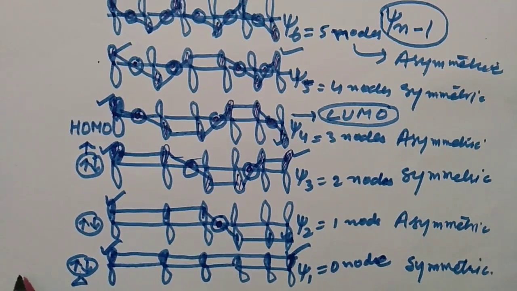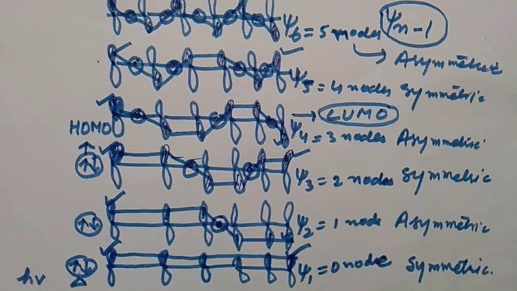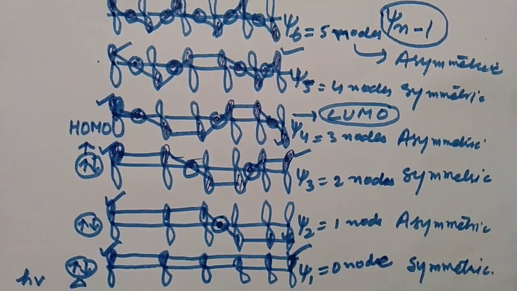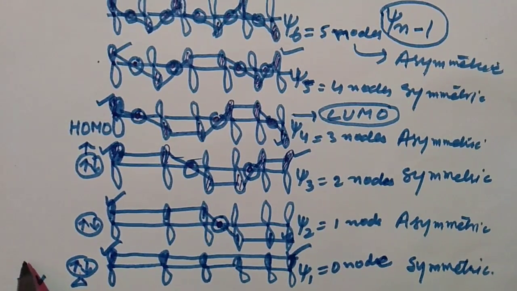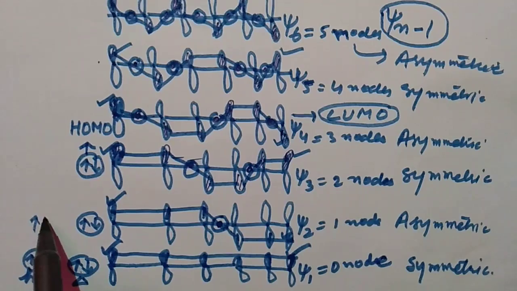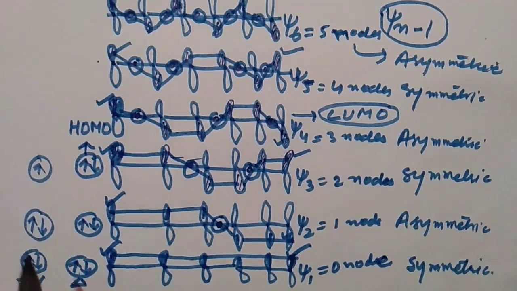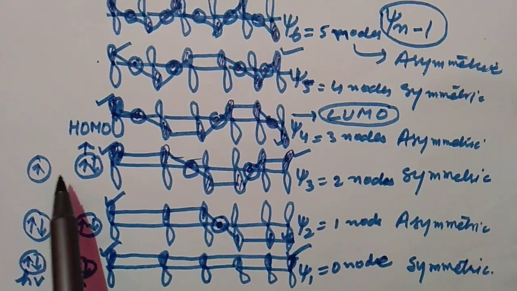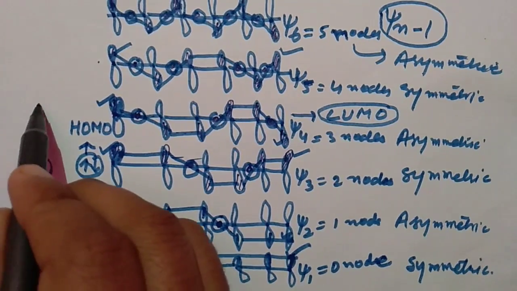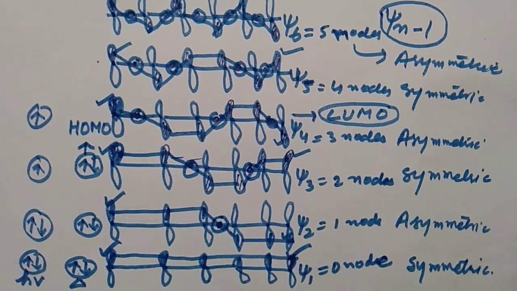Now we talk about photochemical conditions. In photochemical conditions, let us fill electrons. One electron from psi 3 jumps to psi 4. Now what happens?